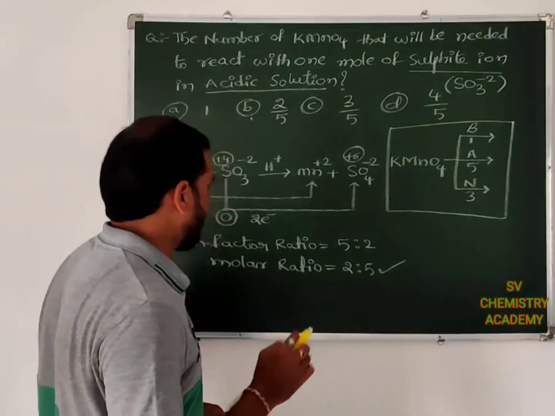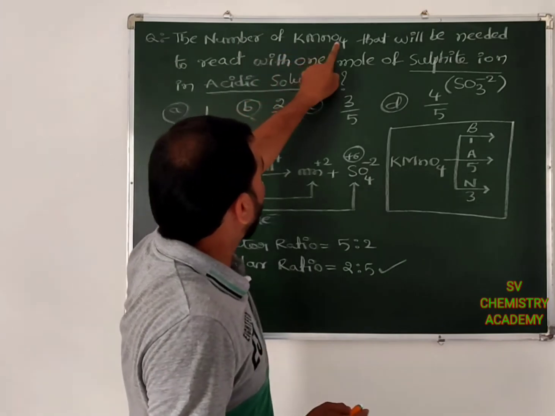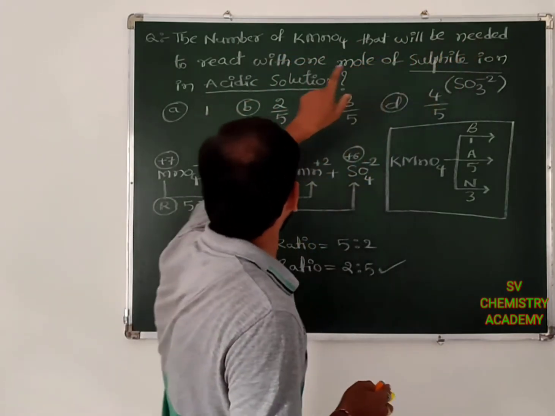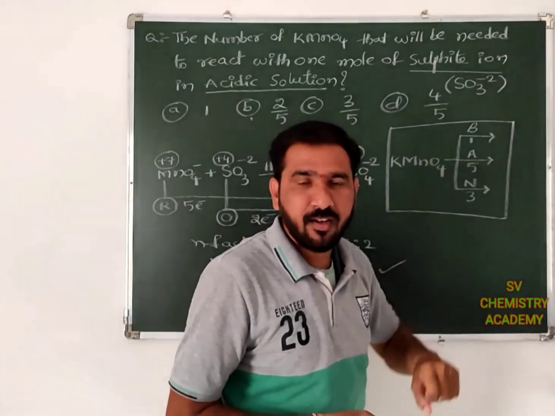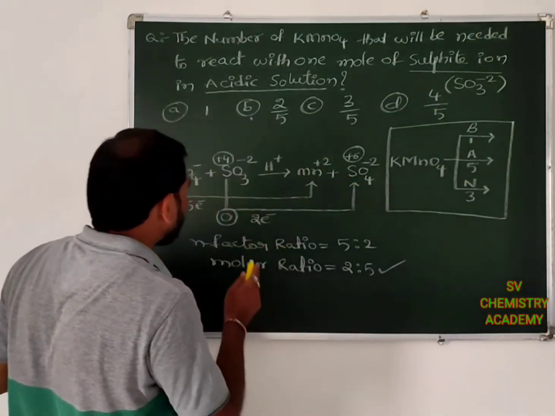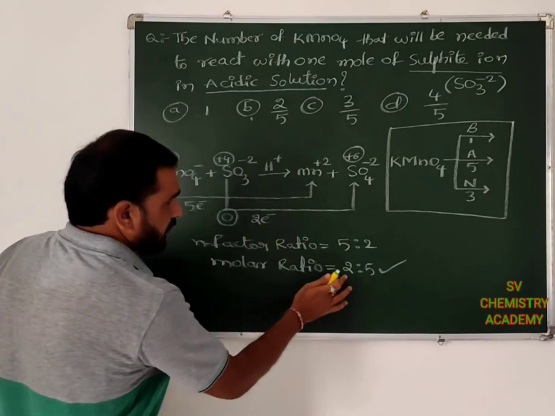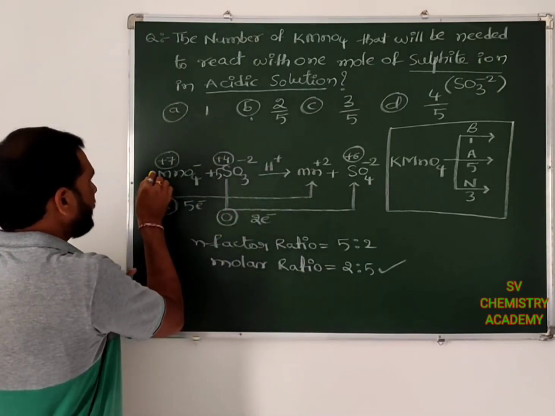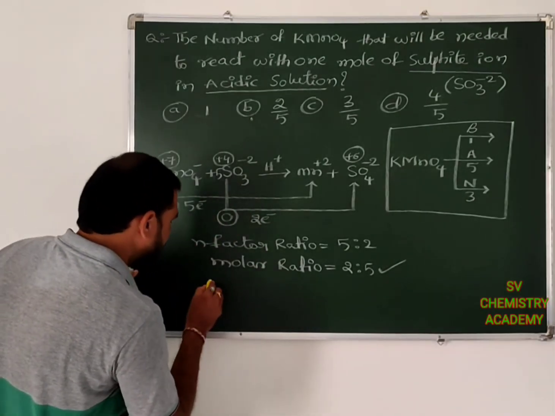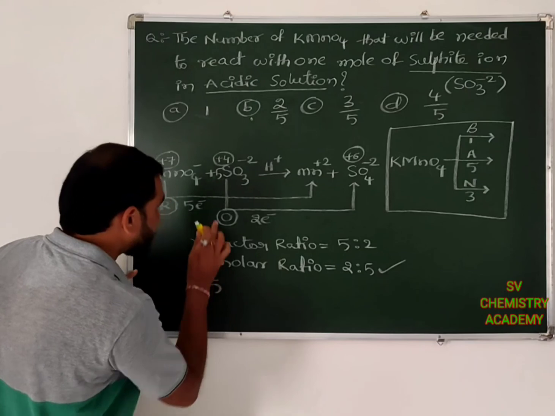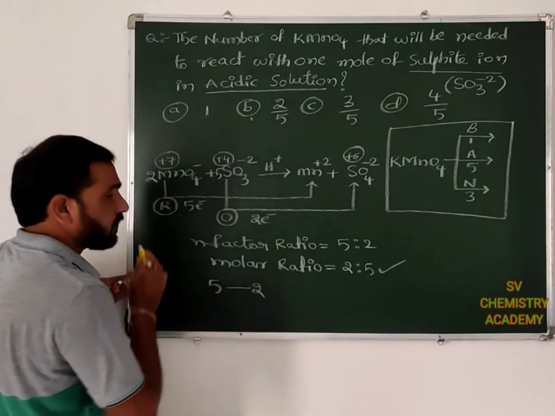Is it clear? The question asked about the number of moles of KMnO4 needed to react with 1 mole of sulfite ion. Here, 5 moles of sulfite require 2 moles of KMnO4.